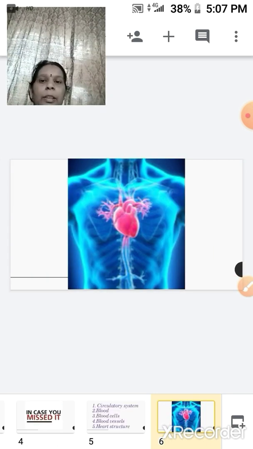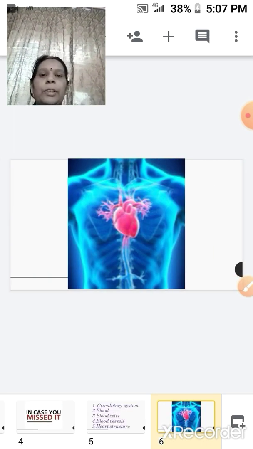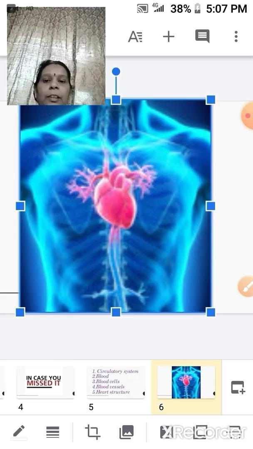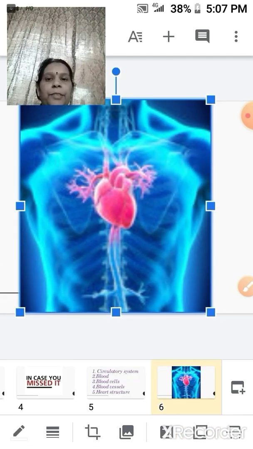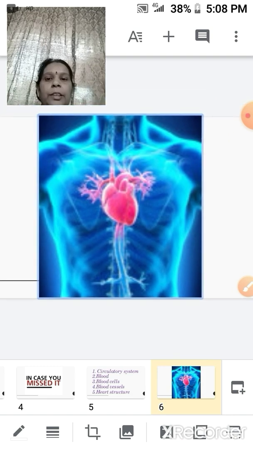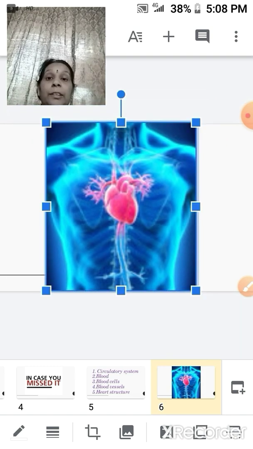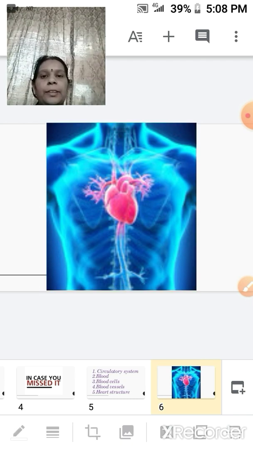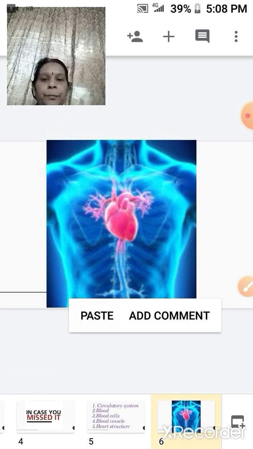Children, I told you that it is located in the chest cavity, it is triangular in shape, and it is about the size of our fist. This is all that we discussed in the last period.